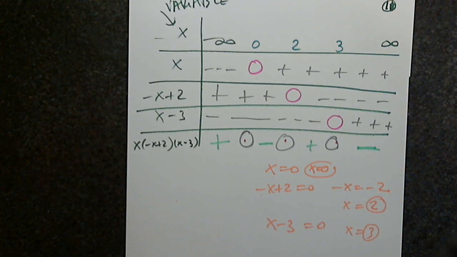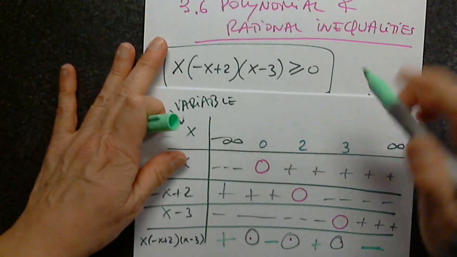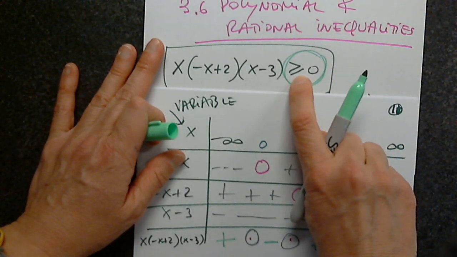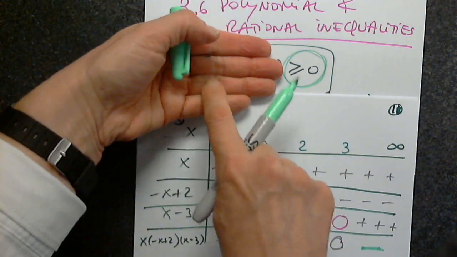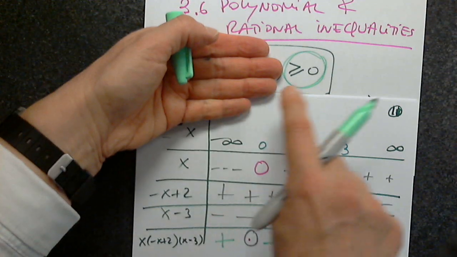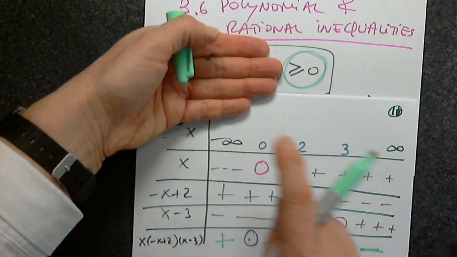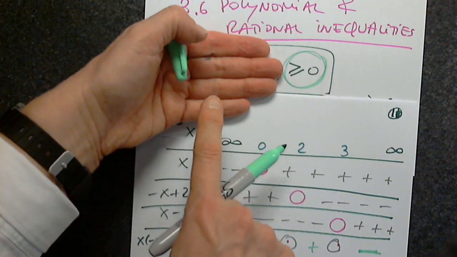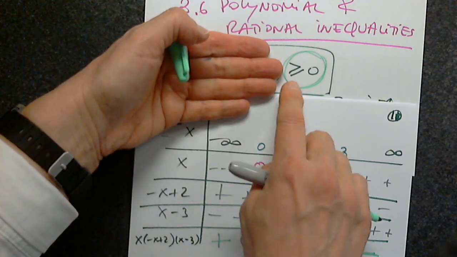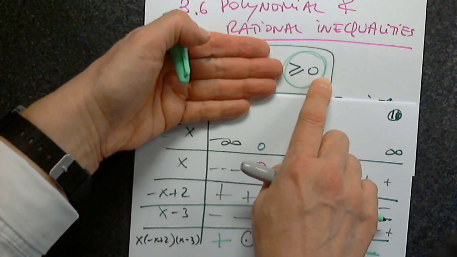Final step. I look here. This inequality symbol tells me what to pick. What sign is positive? What sign is greater than or equal to 0?